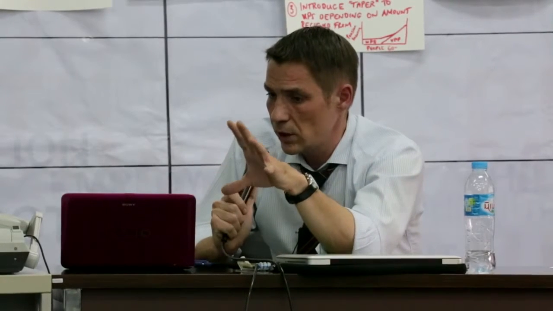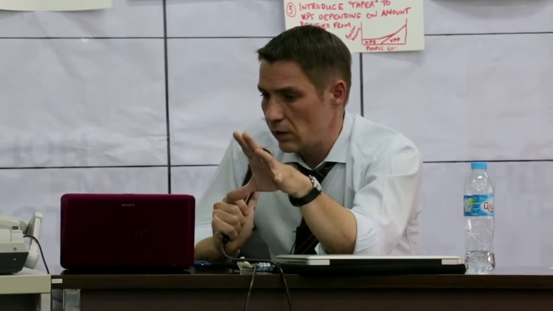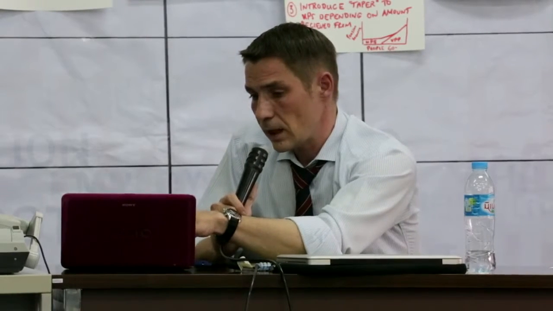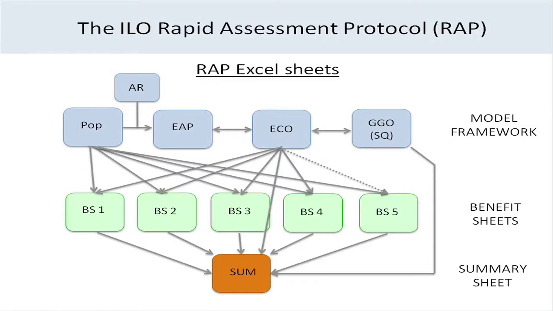Then we have a sheet with the economic variables. We have GDP in there. We have national average wage. We have the employment. And we have a sheet for the government revenues and expenditures. Now, this one says SQ, that means status quo.